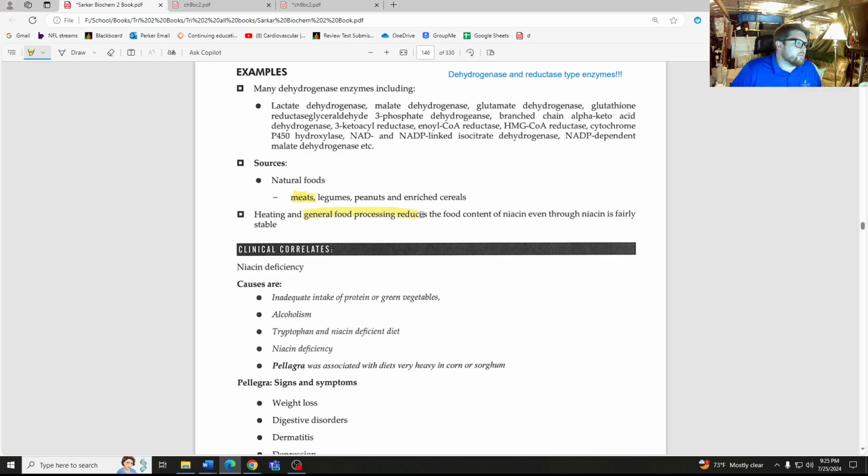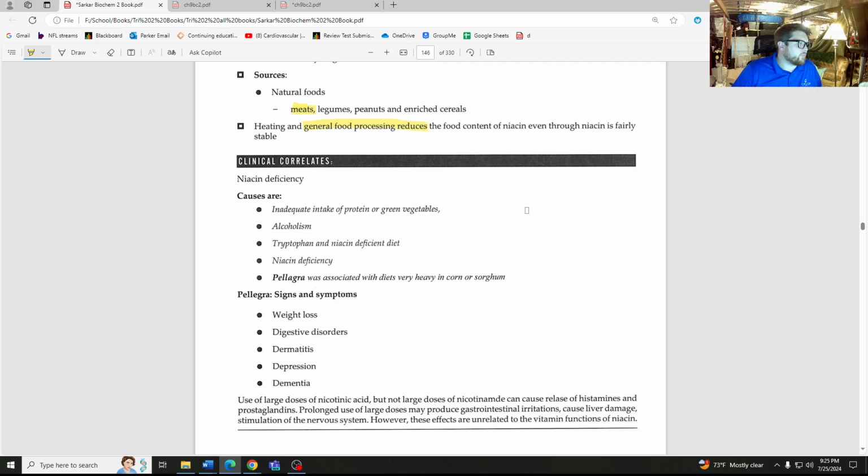This is why, in general, the more processed the food, the lower the nutritional value, because the actual processing and cooking of food does destroy vitamins. It's better, if you have fresh food, to cook it yourself. With different cooking techniques, steaming food is better than boiling.